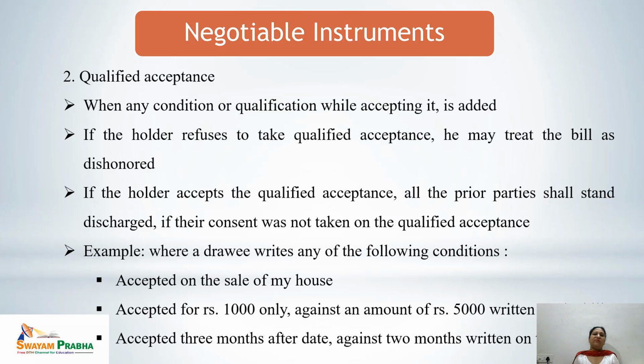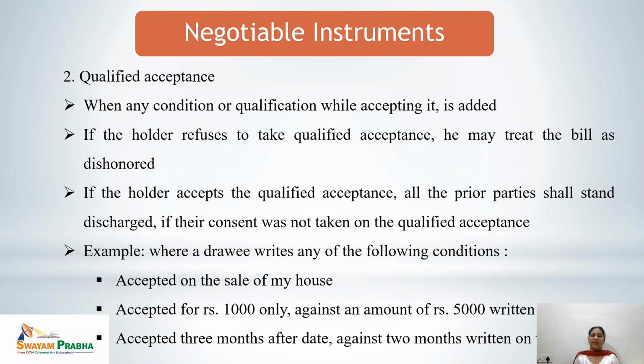Second one is the qualified acceptance or the conditional acceptance. When any kind of condition or qualification is added while giving the acceptance for a bill of exchange, it is called qualified acceptance. If the holder doesn't want to accept that particular condition or qualification attached to the acceptance, he may treat the bill as dishonored.